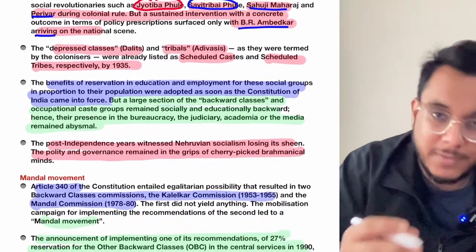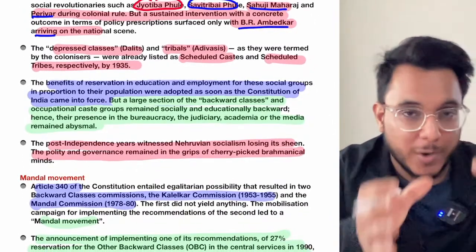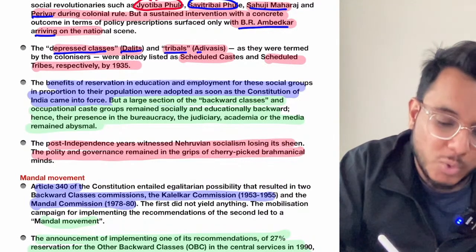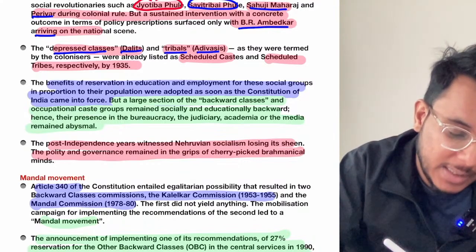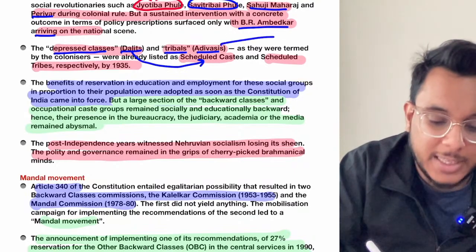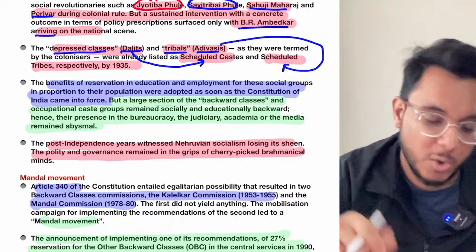Now, when we talk about the backward and socially deprived people, we have the depressed classes, the Dalits. Then there are the tribals, the Adivasis. The depressed classes, the Dalits, were given the status of the Scheduled Castes, and the Adivasis, the tribals, were given the status of the Scheduled Tribes.